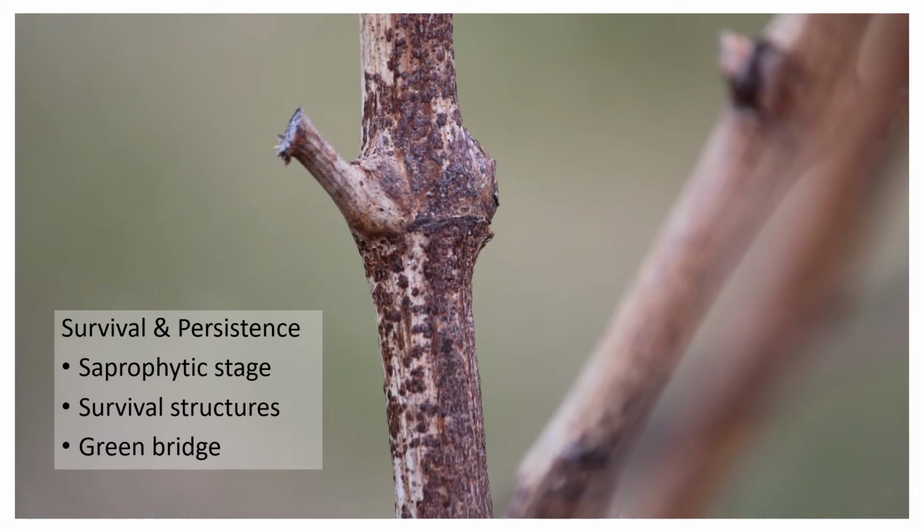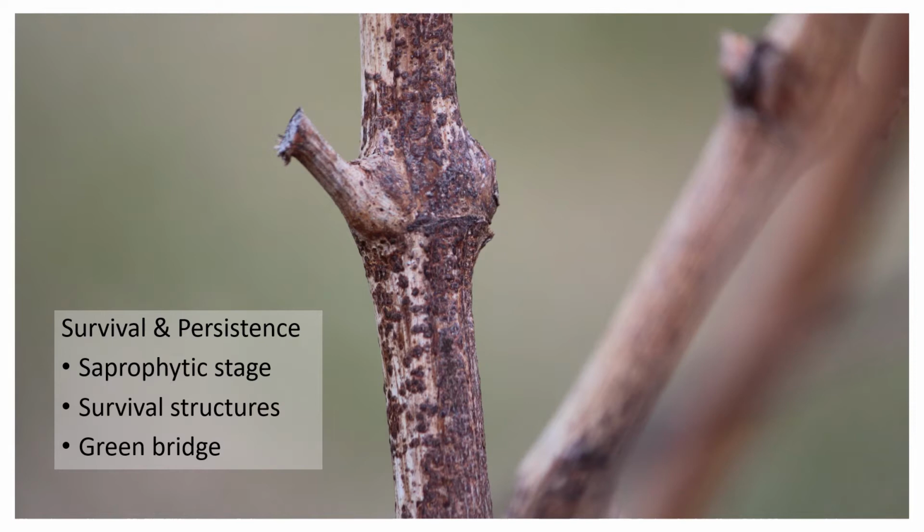All right, so how do they persist? How do they survive? What's going on there? There are multiple mechanisms for survival, but some of the most common ones are that the pathogen will enter a saprophytic stage, or survive off of already dead or already decomposed material. So they'll have a phase where they can survive on debris or broken down material.